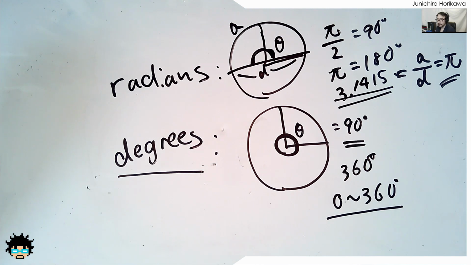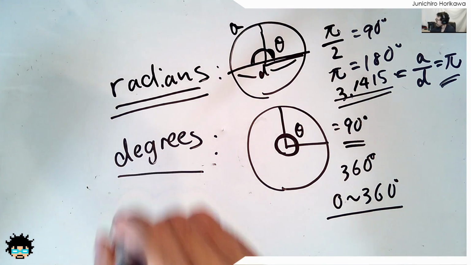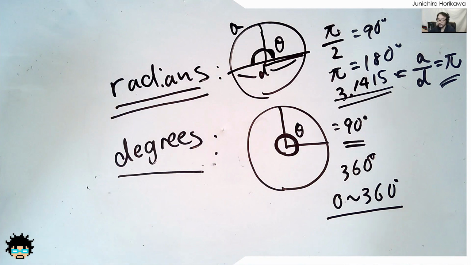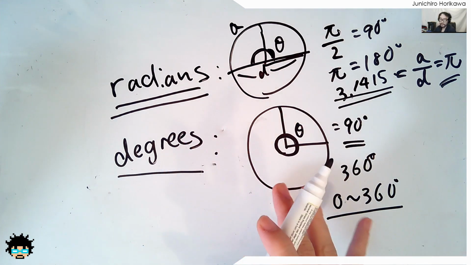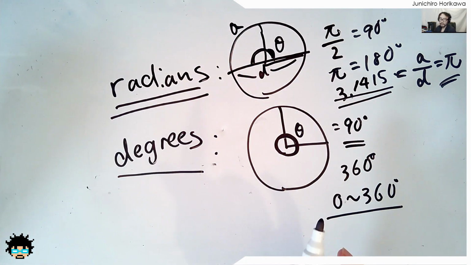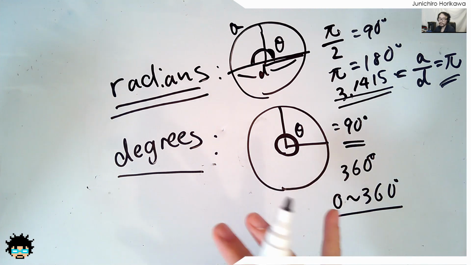Now the point here is that in most computational programming languages, you use radians to express the angle. I mean, there are some languages using degrees instead, but in most cases, radians are used to express angles together with trigonometry functions. So even if you want to express the angle in degrees, you somehow have to convert it into radians in order to use it with the prepared functions in that language.